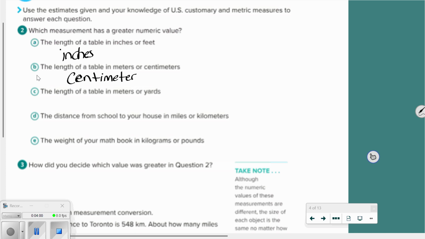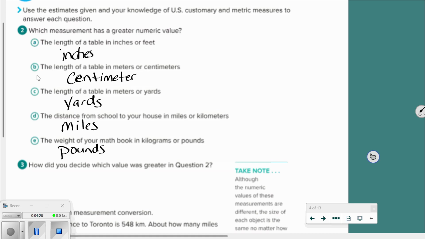The length of a table in meter or yards? Yards. The distance from the school to your house in miles or kilometers? Miles. The weight of your math book in kilograms or pounds? Pounds.